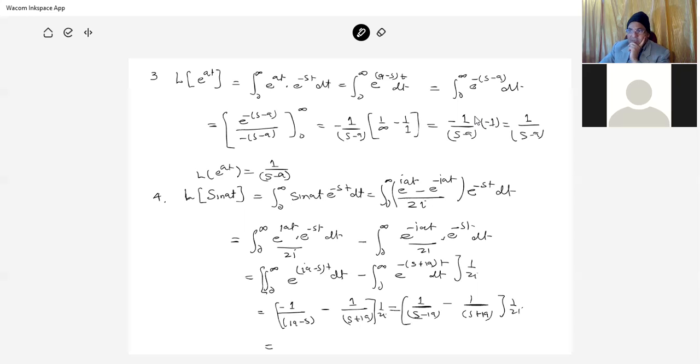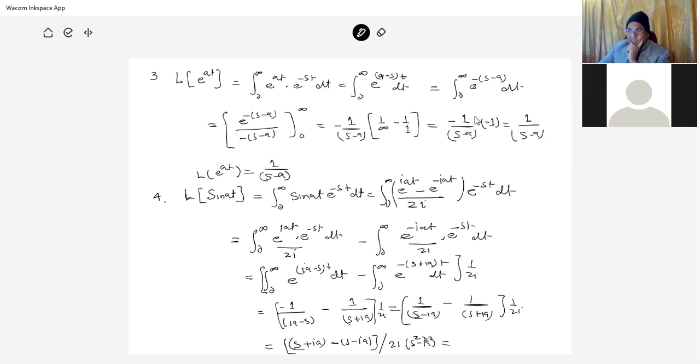So this is s square minus i square a square in the denominator, and in the numerator s plus ia minus s minus ia. The whole thing is divided by 2i (s square minus i square a square).